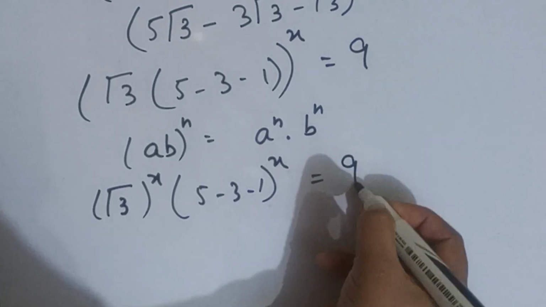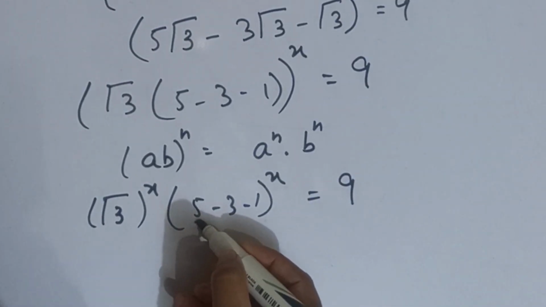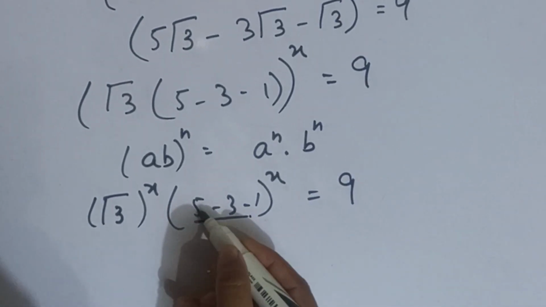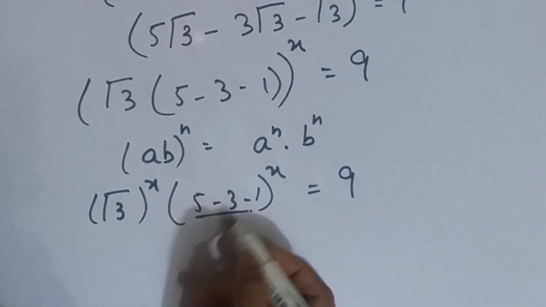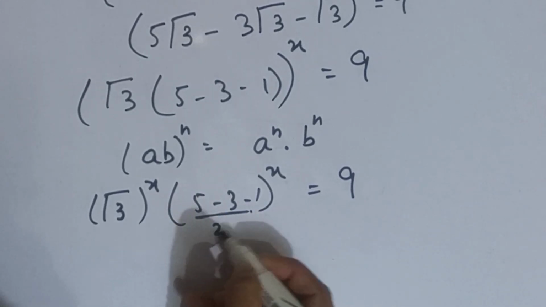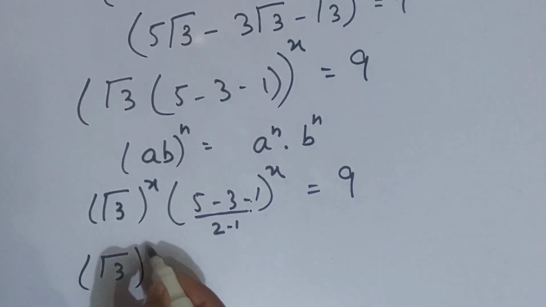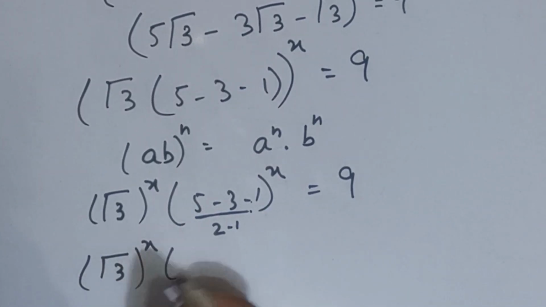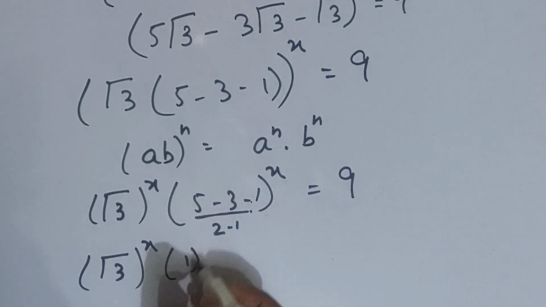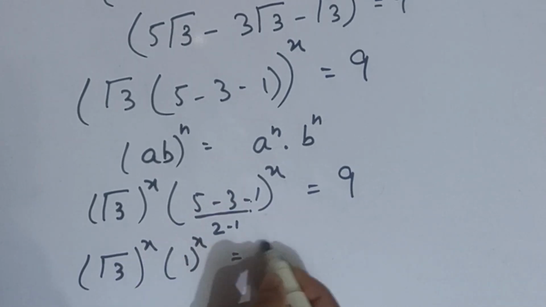This is equal to 9. Now focus on this side, 5 minus 3 is equal to 2, and 2 minus 1 is equal to 1. So this is (√3) raised to the power x, and this will become 1 raised to the power x. This is equal to 9.